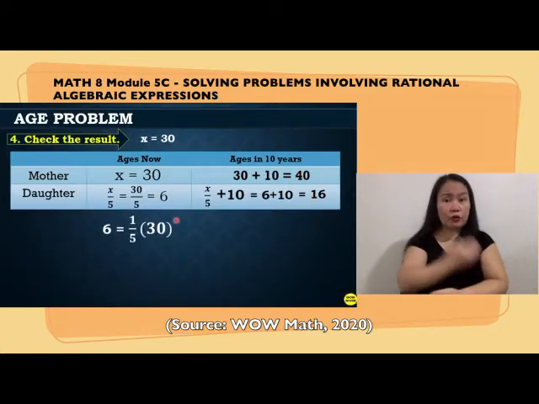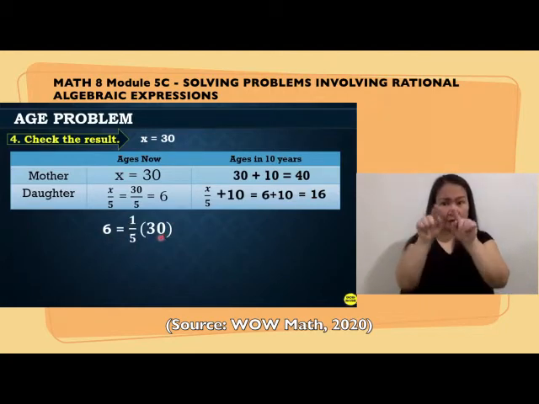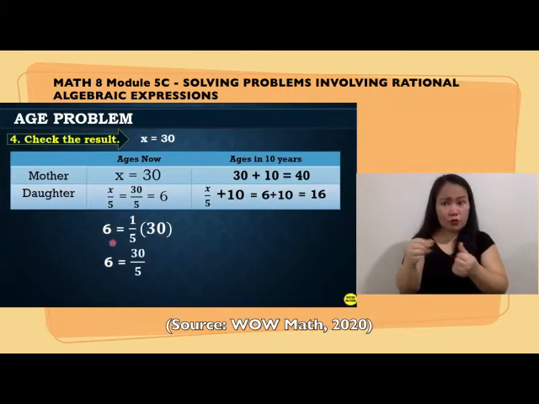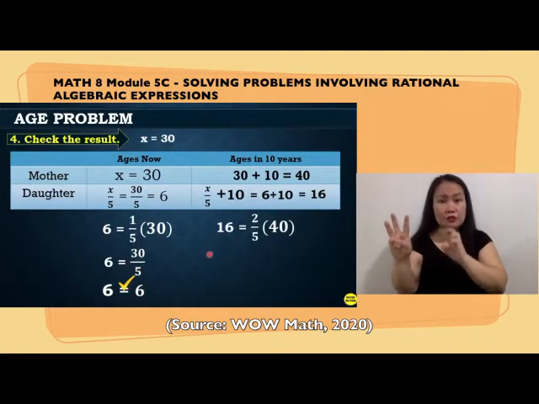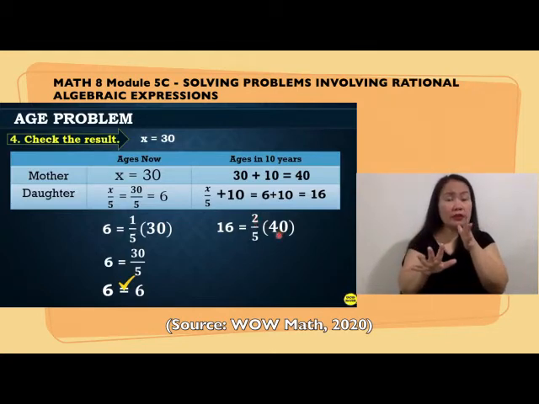Now, let us check. So, let's see if 6 is 1/5 of the age of the mother. So, 30 times 1, that is 30 divided by 5, that is also 6. So, they are equal. Next. So, 16 is equal to, let's see if in 10 years, the age of the daughter is 2/5 of the mother's age, which is 40.